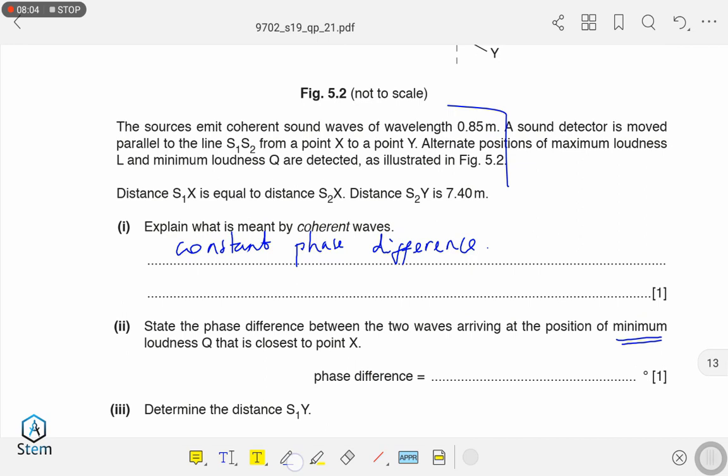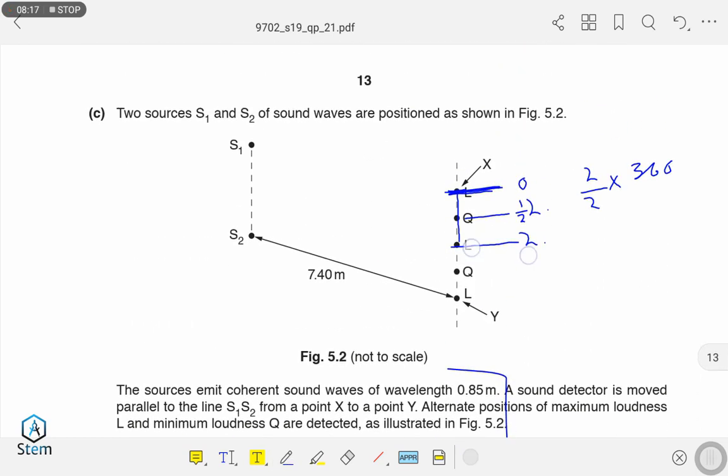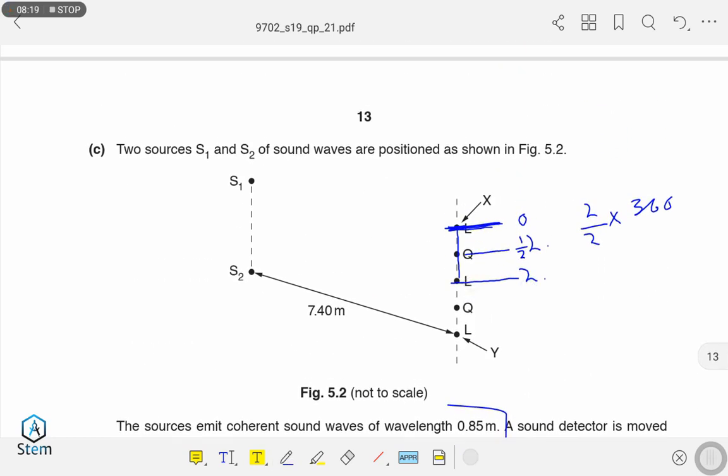For some reason I am very interested in finding the position of maximum loudness closest to point X, but the question actually wants the position of minimum loudness. So the position of minimum loudness is this point there. So it's 1/2 lambda multiplied by 360, which is going to give us 180 degrees.